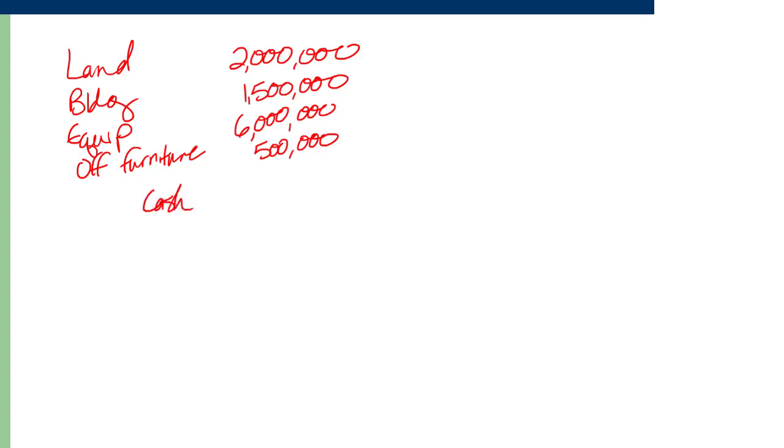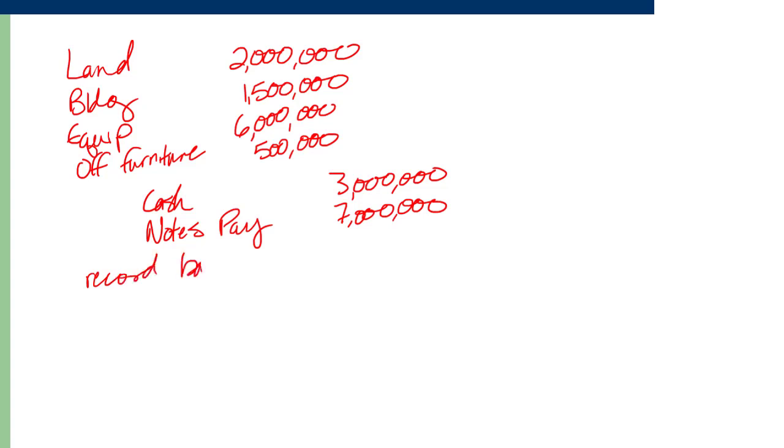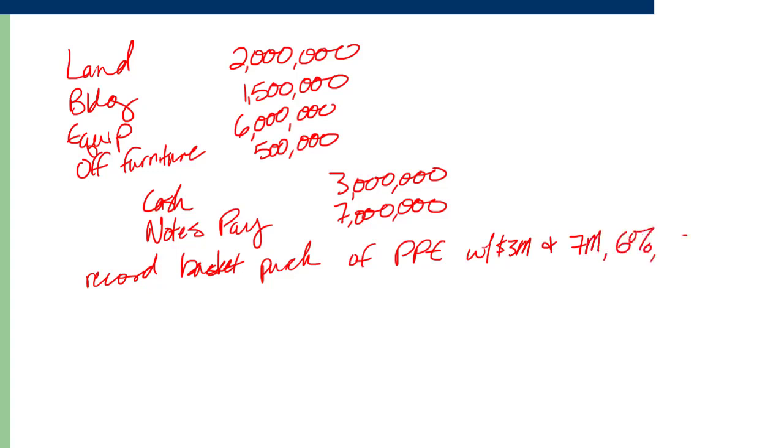So let's see, we paid 3 million in cash, and then we issued a note for the balance. That's in that first bullet point back on the question slide. Record basket purchase of property, plant, and equipment with 3 million cash and a $7 million 6% 5-year note.